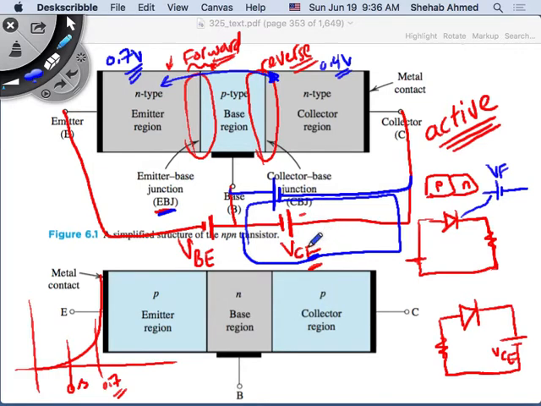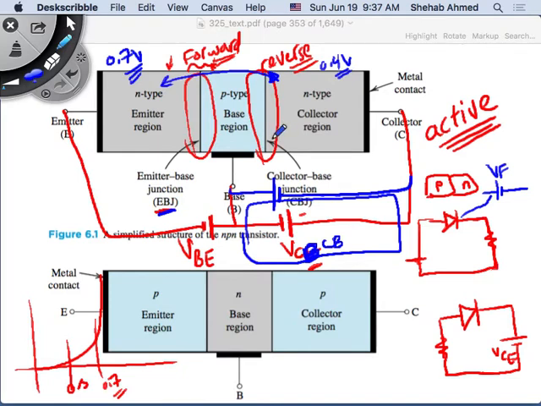VCB. Sorry, CB. This is B with respect to E, and this is C with respect to B. So VCB can be positive, 0, or negative, until it pushes the device into saturation and causes this junction to be forward biased as well.